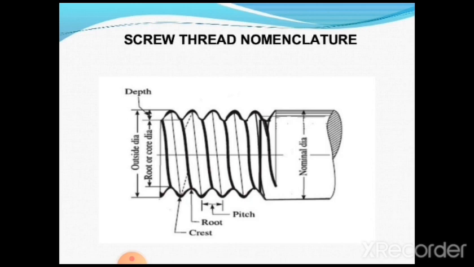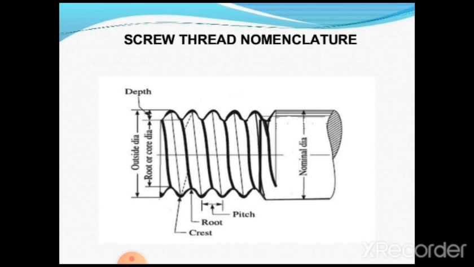On the screen, the left portion shows the type of thread. Generally the type of thread is definitely a V thread only. In that you are going to see the nomenclature, the naming of the various components of a thread. First you know about the nominal diameter.